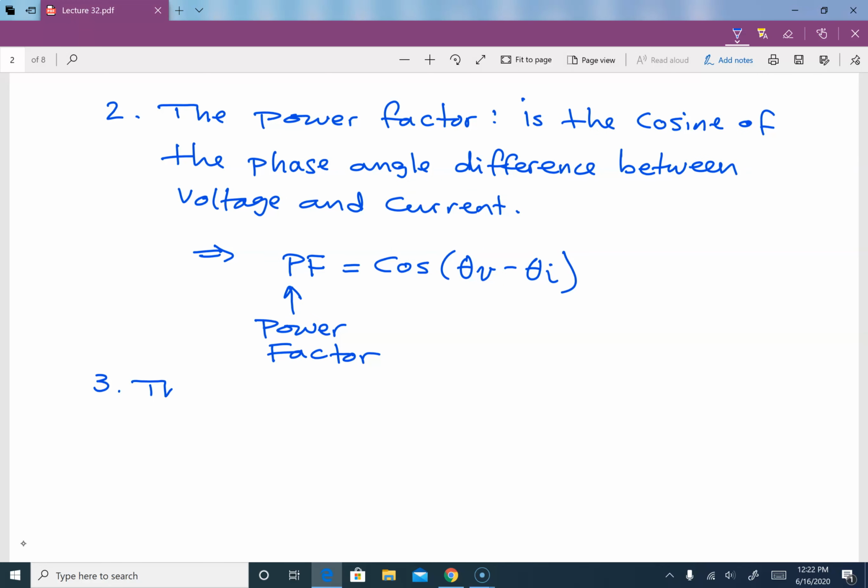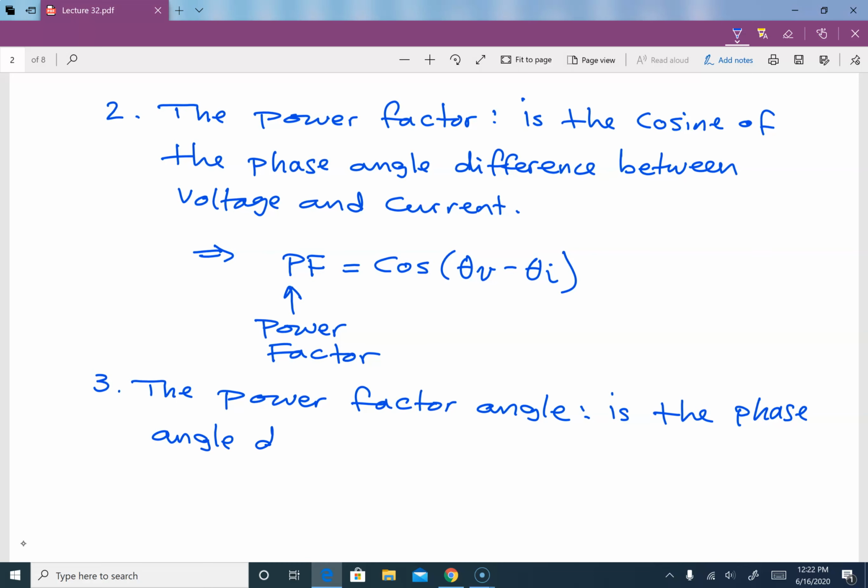Then we have the power factor angle. So that is the phase angle difference between voltage and current.